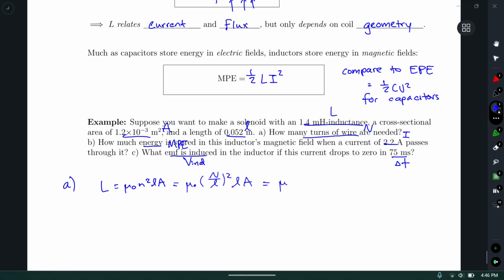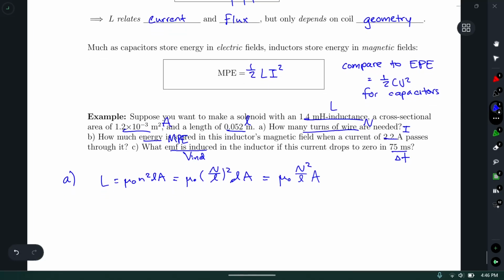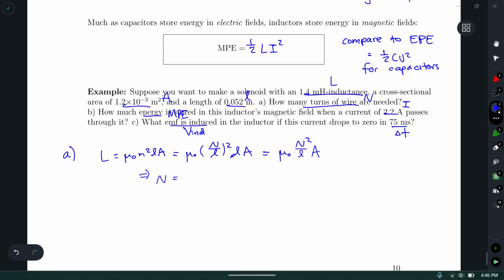If I simplify that out, I've got N squared in the numerator. I'll have l squared in the denominator, but one of those two l's will be canceled by this one. So I'll be left with just l in the denominator and then A. If I solve that for capital N, it will be multiply by the length of the solenoid, divide by mu naught A, take a square root.